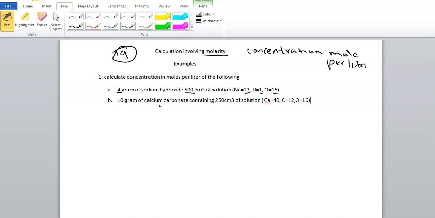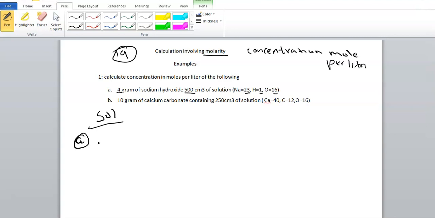So let us start solving. Before we get the molarity, we need to get the concentration. When we get the concentration, that's the time we can get the molarity.